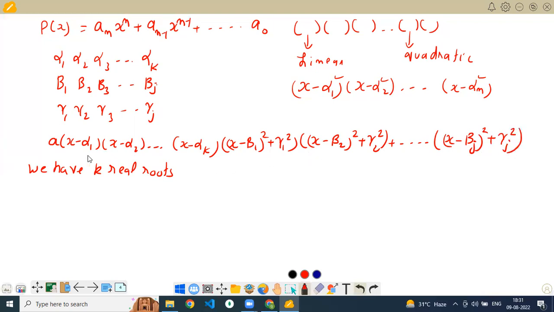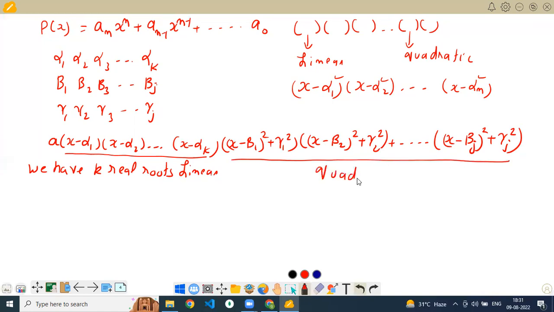Now remember, these are all linear factors and these are all quadratic factors. And these quadratic equations will give us complex roots. We don't know right now how to find them. That's why I'm saying that we can break this into some linear factors and some quadratic factors.